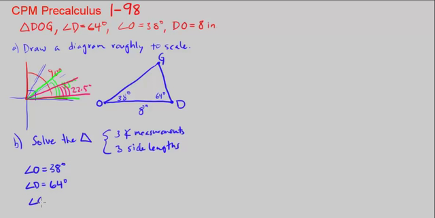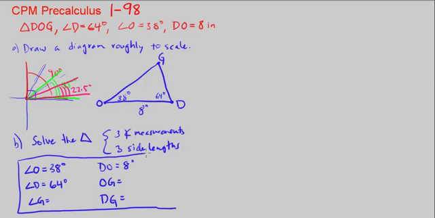Angle G, we need to find. Side OD, or as we're given it, DO, is equal to 8 inches, right? Side OG or GO, either way, OG we need to find, and GD or DG, we need to find this side as well. Once we find all 6 pieces of information about our triangle, we have solved it completely.